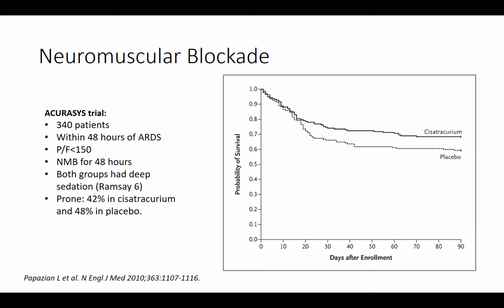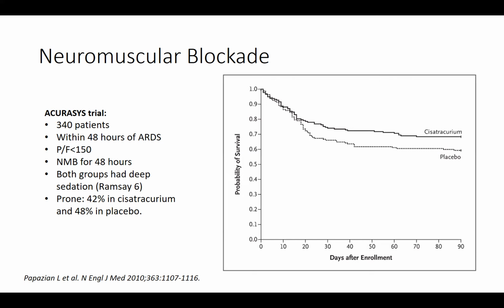They didn't wait for them to be fighting the vent. They just decided we're just going to give them all neuromuscular blockade. But in order to do neuromuscular blockade, you have to do deep sedation. The way they did it is they gave deep sedation to both groups.